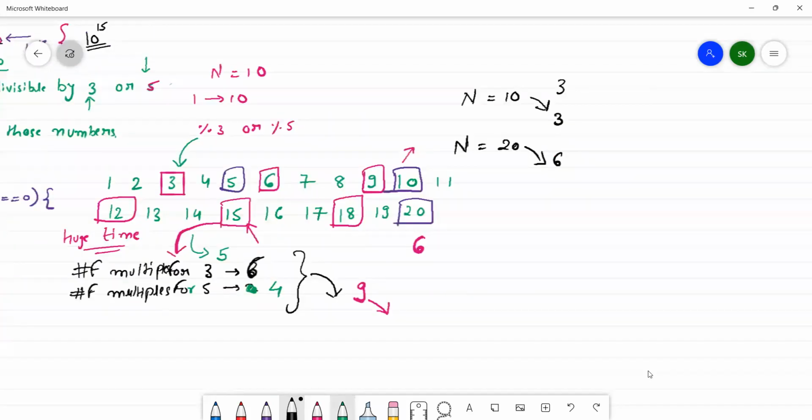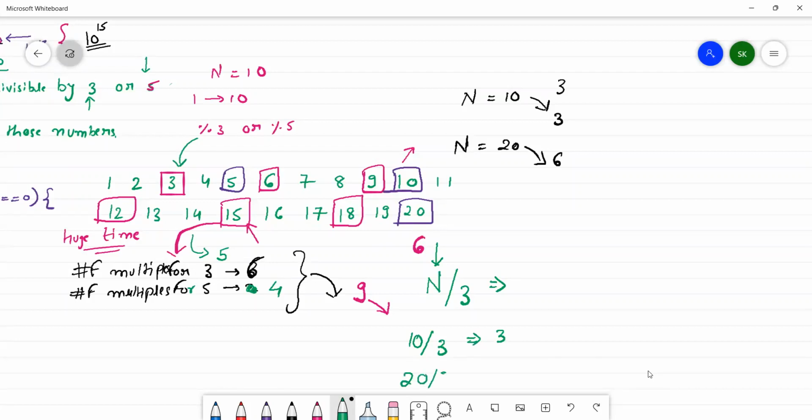The trick to find the multiples is, whatever number you have been given, if you divide it by 3, it gives you the maximum number of multiples possible up to n. If 10 is given, 10 divided by 3 is going to give you 3 only.